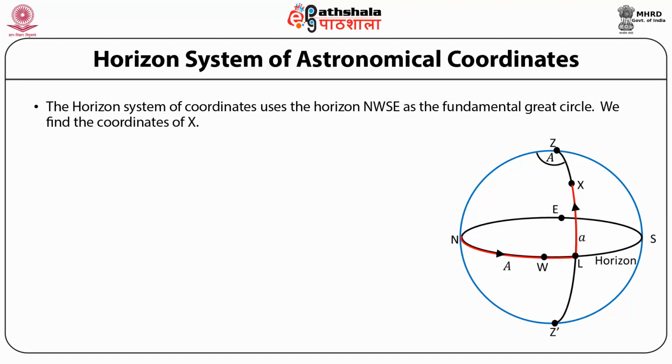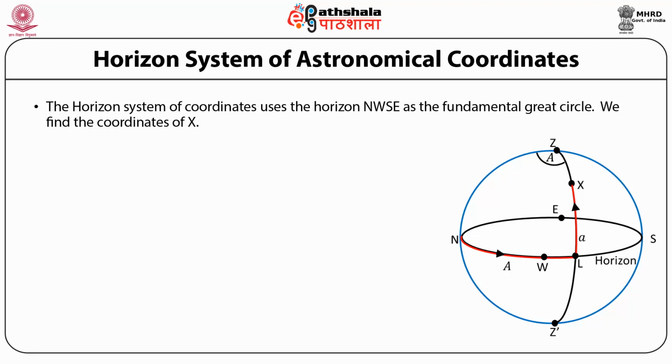In this coordinate system, the horizon NWSE shown in the picture is the fundamental great circle. And we are interested in finding the position of a celestial object at X. The great circle Z N Z prime S Z, which contains the zenith and nadir of the observer, is called the observer's meridian or the local meridian, passing through N and S, which are the points of intersection of the horizon and the observer's meridian.